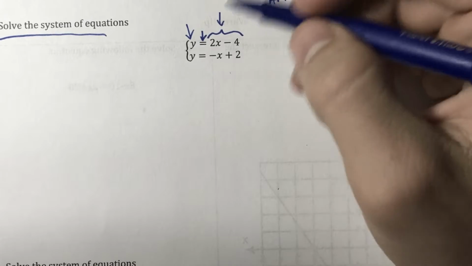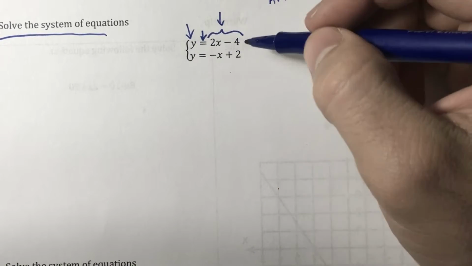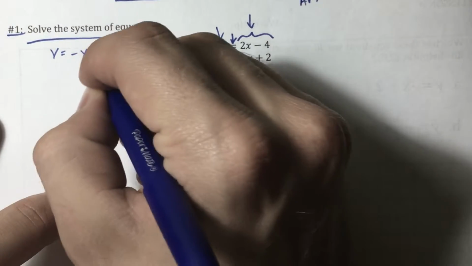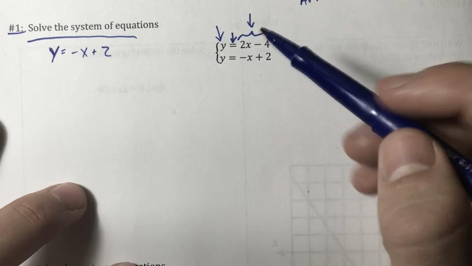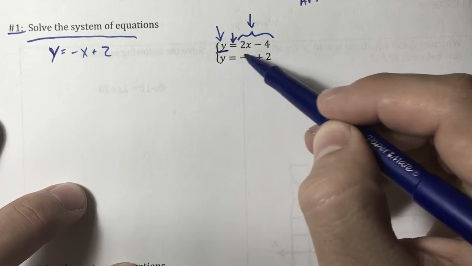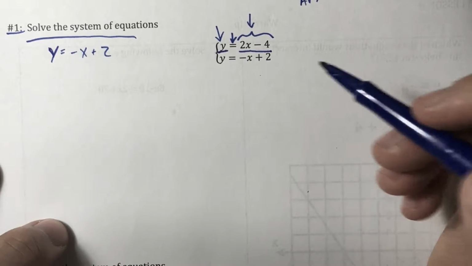The reason this is important is because this is going to be the basis for what we're doing here in substitution. So I'm going to take the second equation and rewrite it over here: y equals negative x plus 2. Now, we started by saying that this side of the equation, y, was equal to or worth exactly the same as this side, this 2x minus 4.